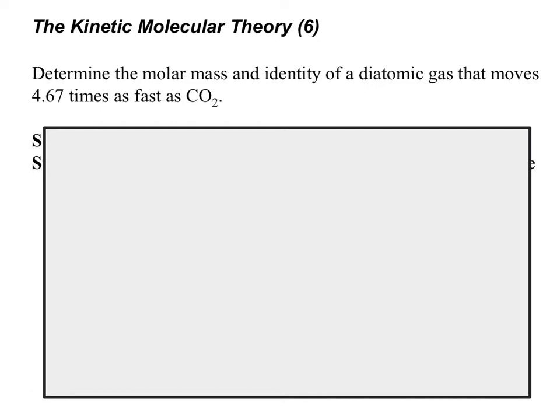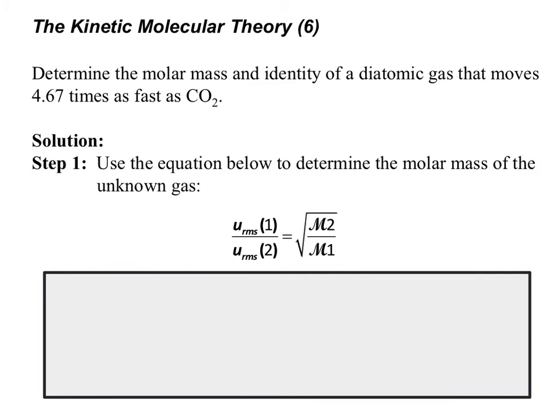Alright, let's have some fun. Determine the molar mass and identity of a diatomic gas that moves 4.67 times as fast as carbon dioxide. Well, we can use that equation that relates speeds at the same temperature and work backwards from this ratio. So we can use the equation below to determine the molar mass of the unknown gas. How?